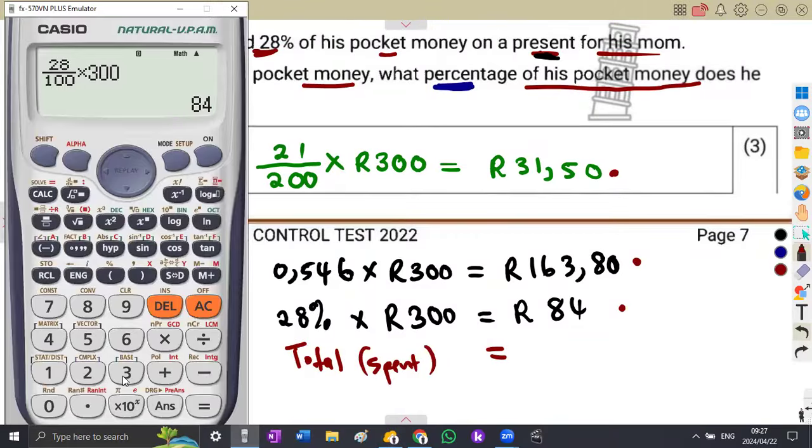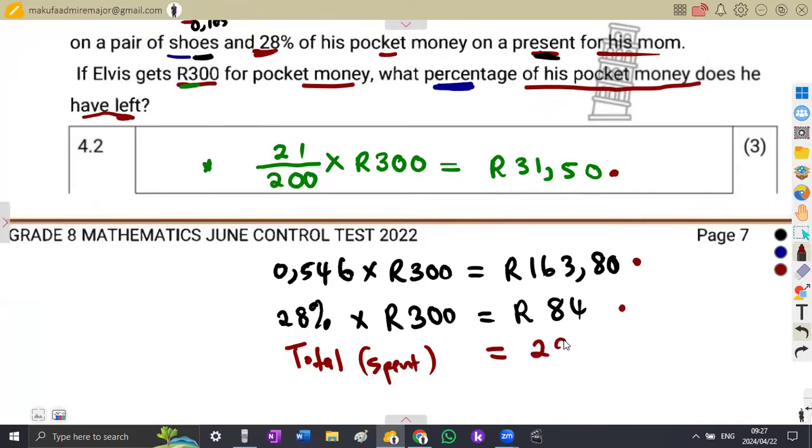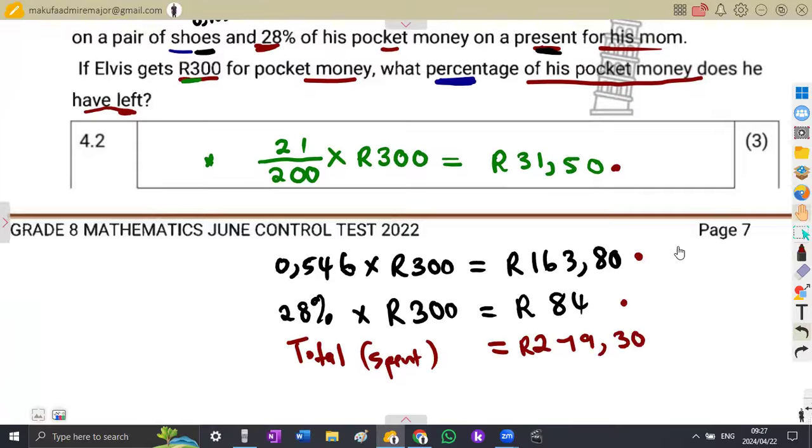All right, so let's add 31,5 plus 163,8 plus 84. So meaning to say Elvis spent 279,3 rand, 279,30 like this. This is the total he spent.